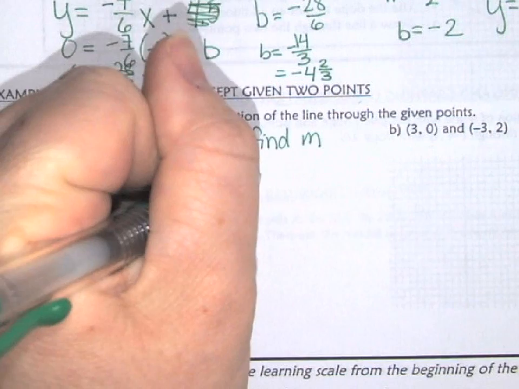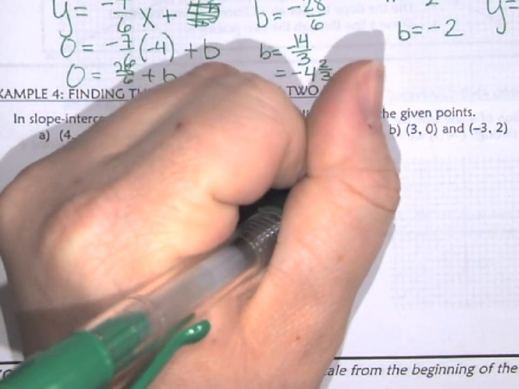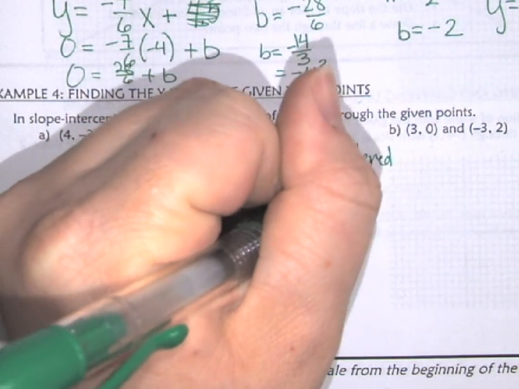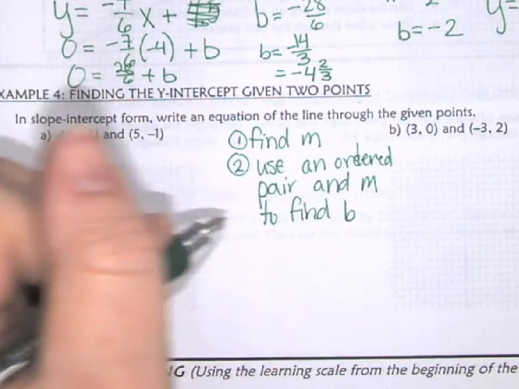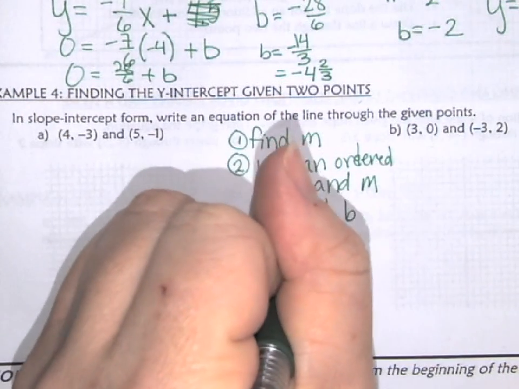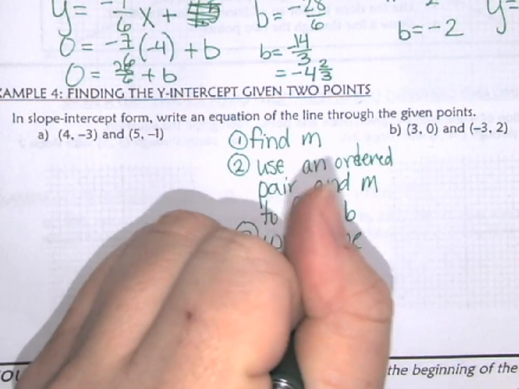Then I'm going to use an ordered pair and m to find b. Then I will write the equation.